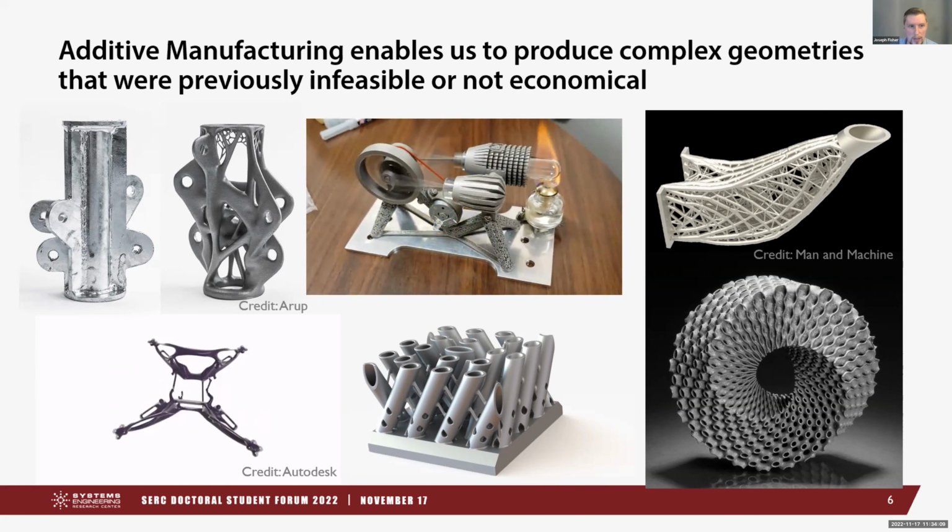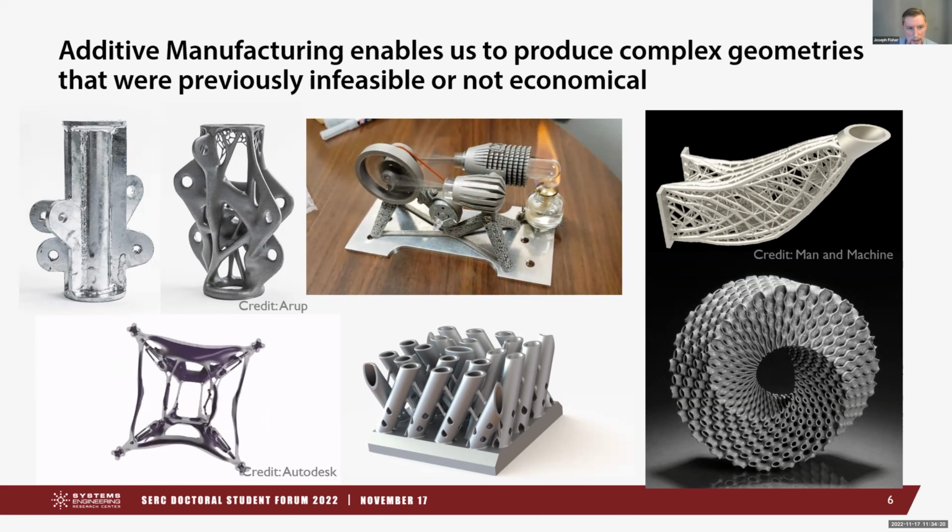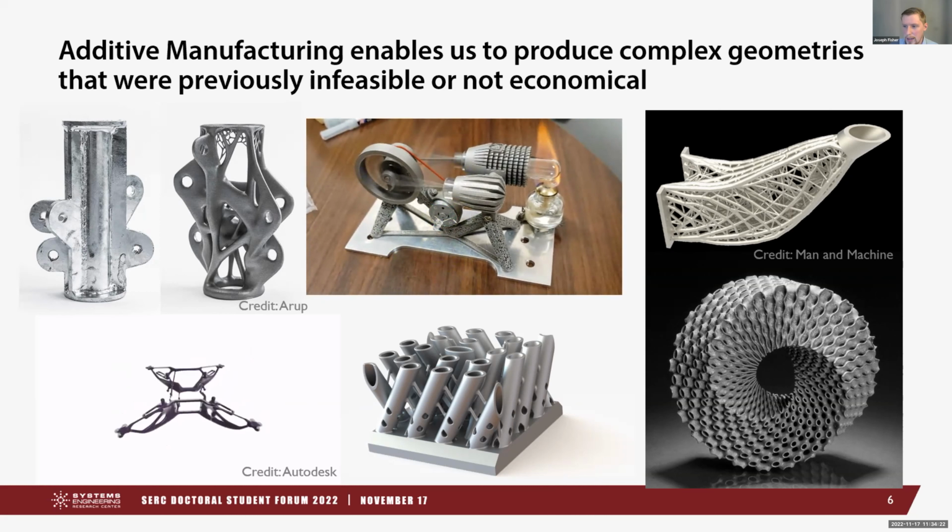On the top left, there's a topology optimized bracket. In the middle is an additively manufactured Stirling engine that I produced for one of my courses. You can create some very interesting brackets. Autodesk did a generative design on quadcopters. You can see that in the bottom left.